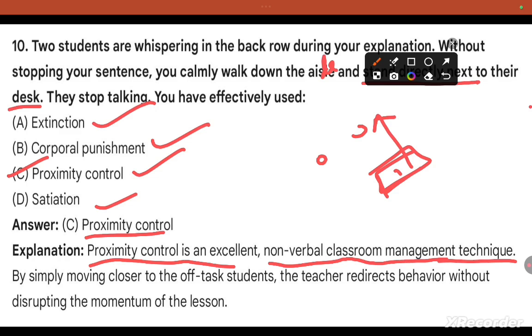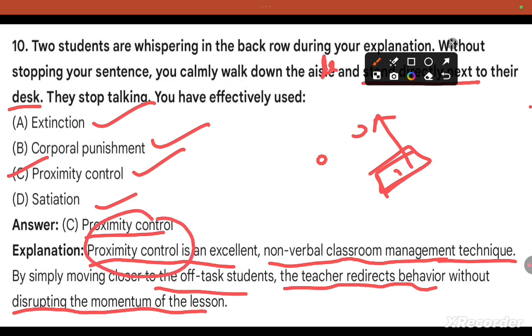By moving closer to the off-task students, the teacher redirects behavior without disturbing the momentum of the lesson. So there was no disturbance for the lesson. You silently go and stand with that person. This is called proximity control, an excellent technique in the classroom.